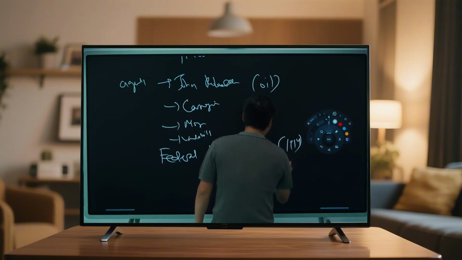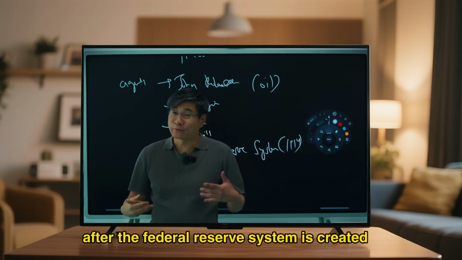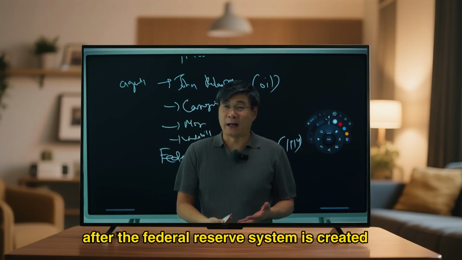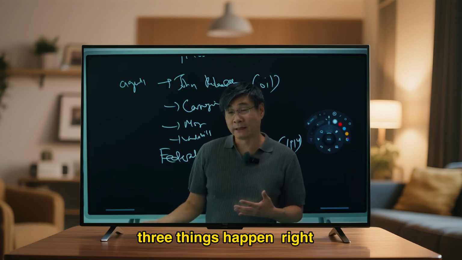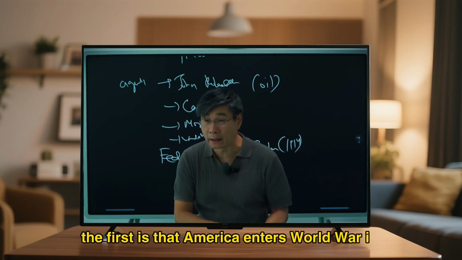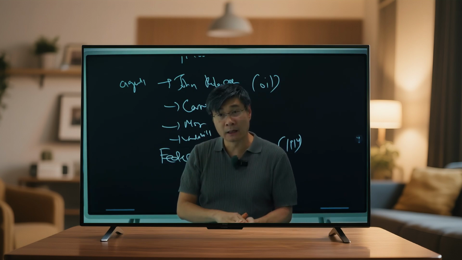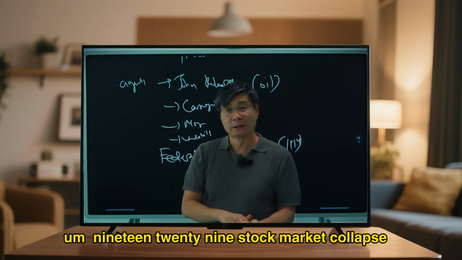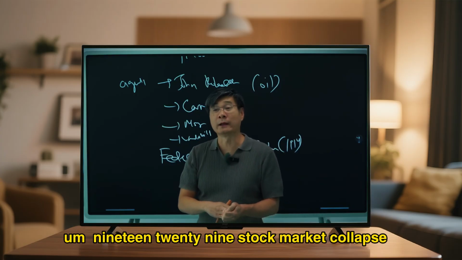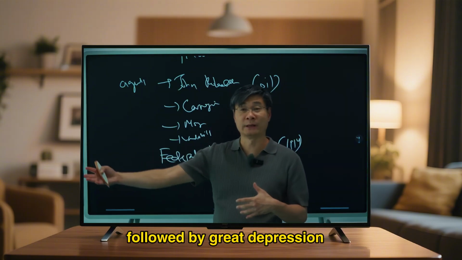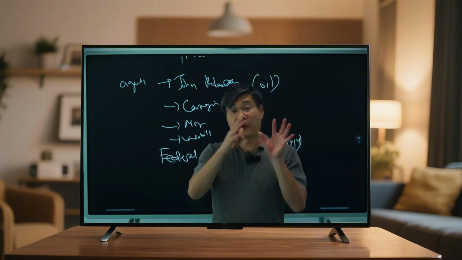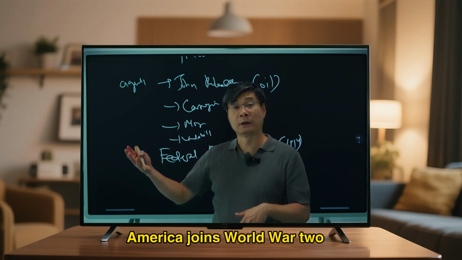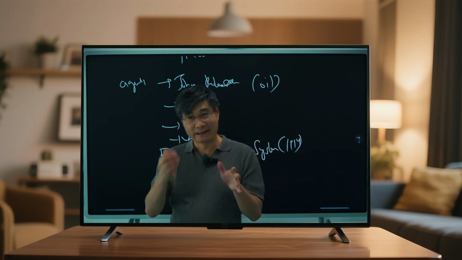1914. And strangely enough, after the Federal Reserve System is created, 3 things happen, right? The first is that America enters World War I. Then you have the 1929 stock market collapse, followed by the Great Depression. And then 1941, America joins World War II. Okay, do you understand?